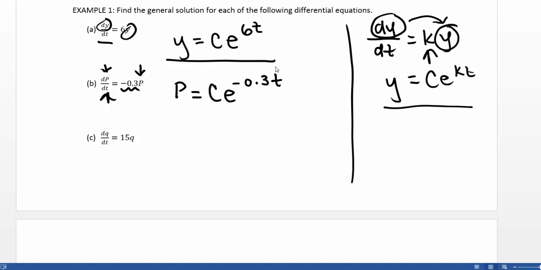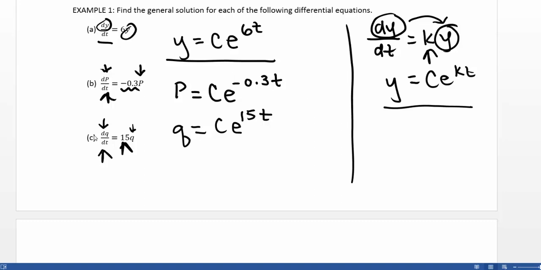Let's try part c. Here, dq, q is my dependent variable, and it matches on the right. I have 15q. So the solution here will be q equals ce to the 15t, because again, it's dt.